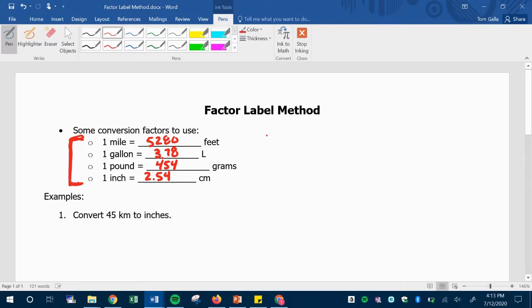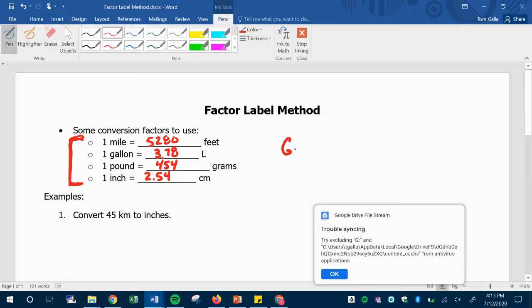In addition to these conversion factors that we've written here, let's take a second and talk about all of the ones that you guys saw earlier today with the metric system. In the metric system, we had tons and tons of units, but the ones that you need to remember are, using the letter abbreviations, giga.